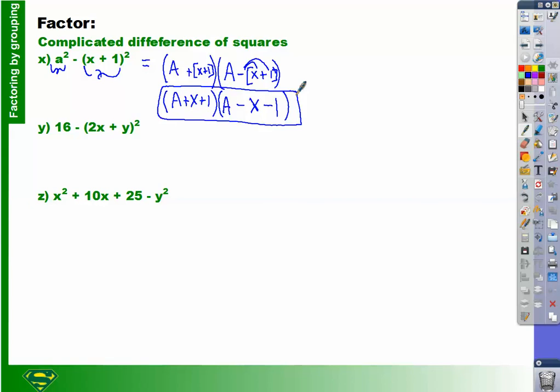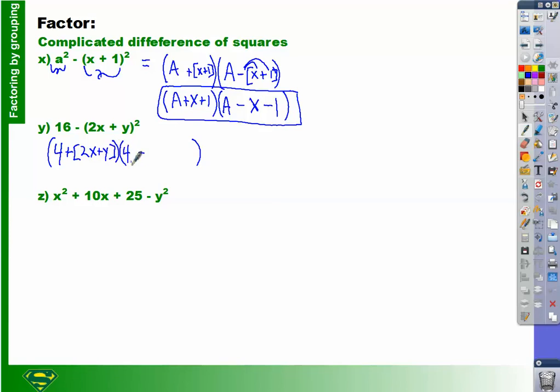So the same thing can happen again in this one. Again, I'll have my binomial pair of factors. It's a difference of squares, so I'll have one addition and one subtraction. What is the square root of 16? 4. What is the square root of the quantity 2x plus y squared? Quantity 2x plus y. Same thing goes here.